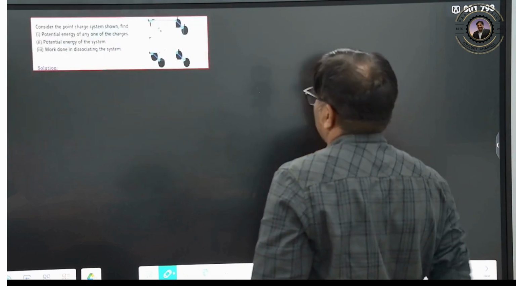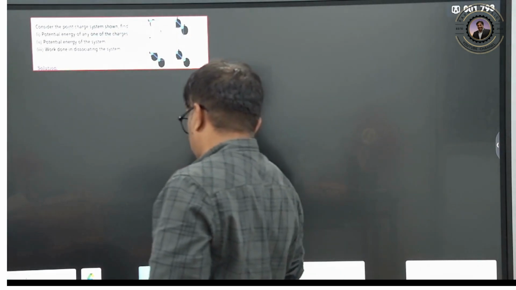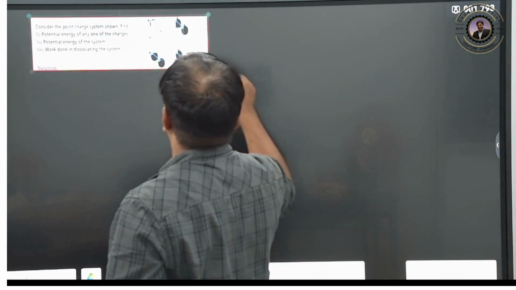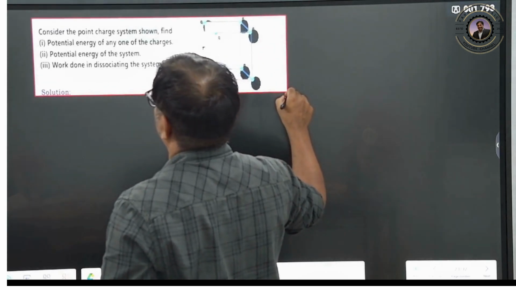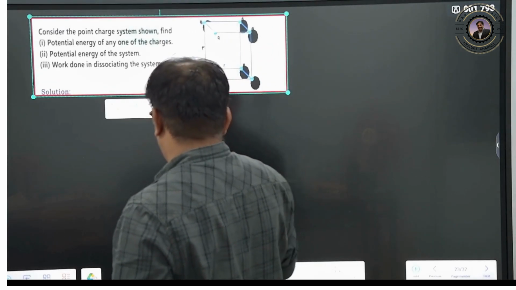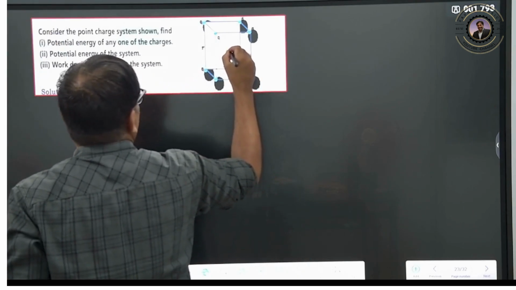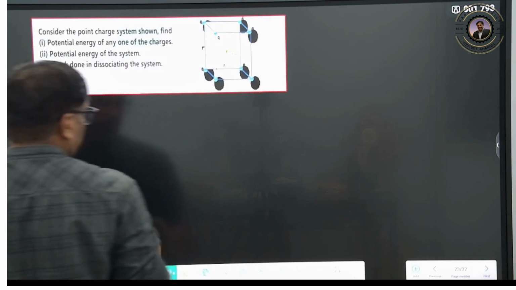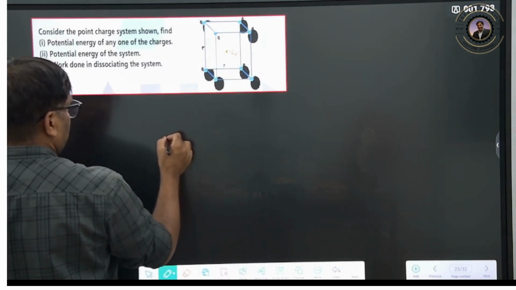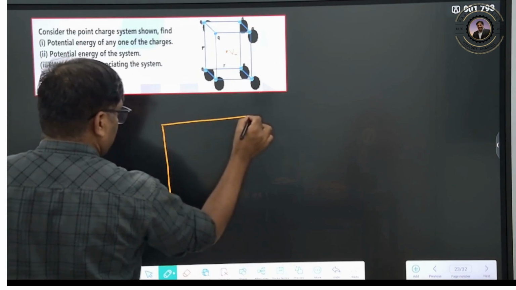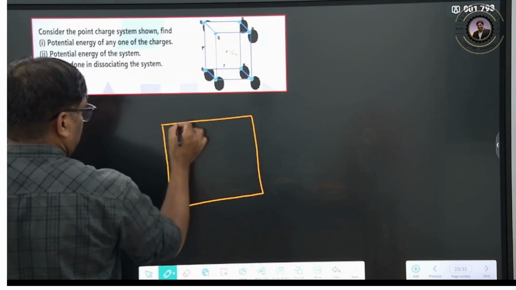Clear? Now here it is asking again for the potential energy on the same arrangement. Again we can add one more question: what will be the potential at the center of this cube? Potential at the center of the cube.